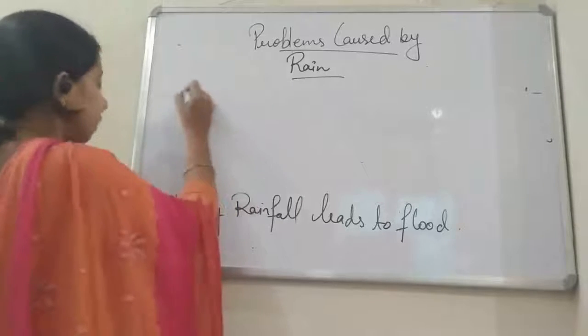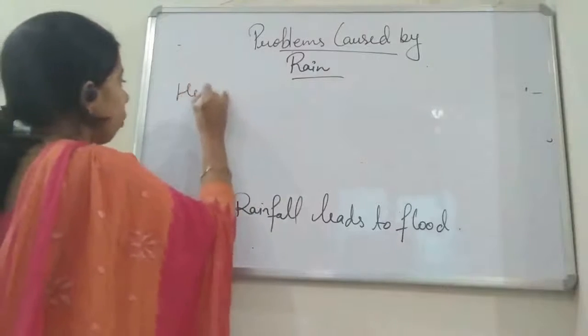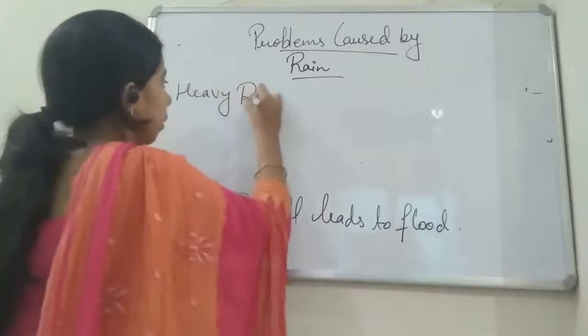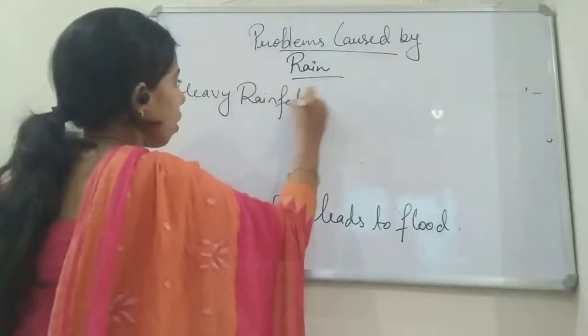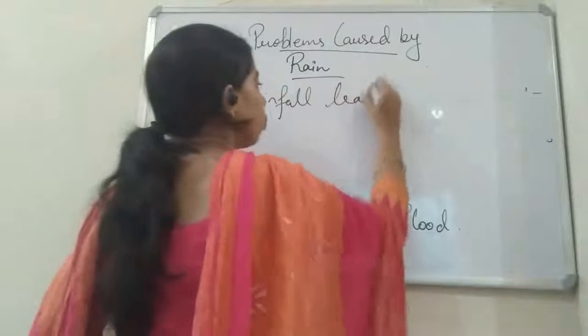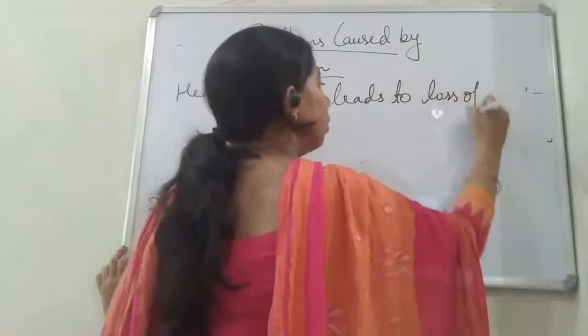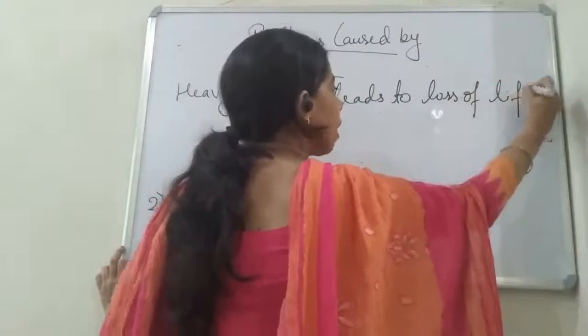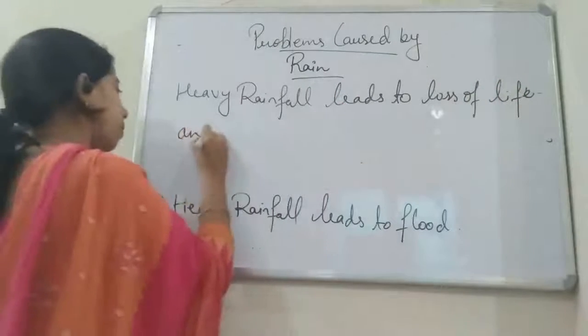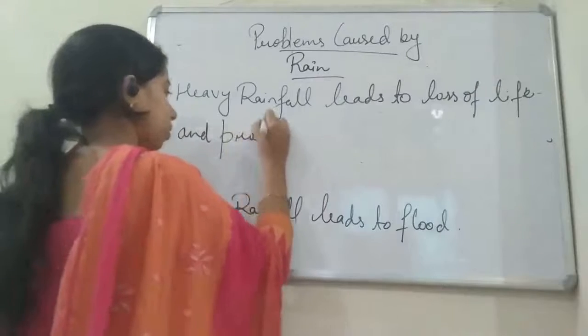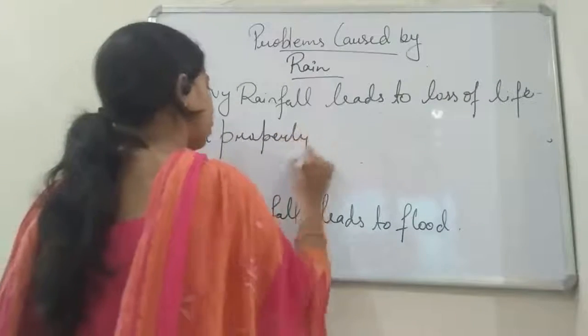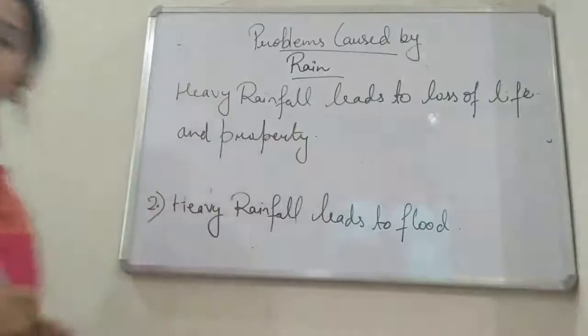So we will say that this heavy rainfall causes loss of life and property. Okay, students?